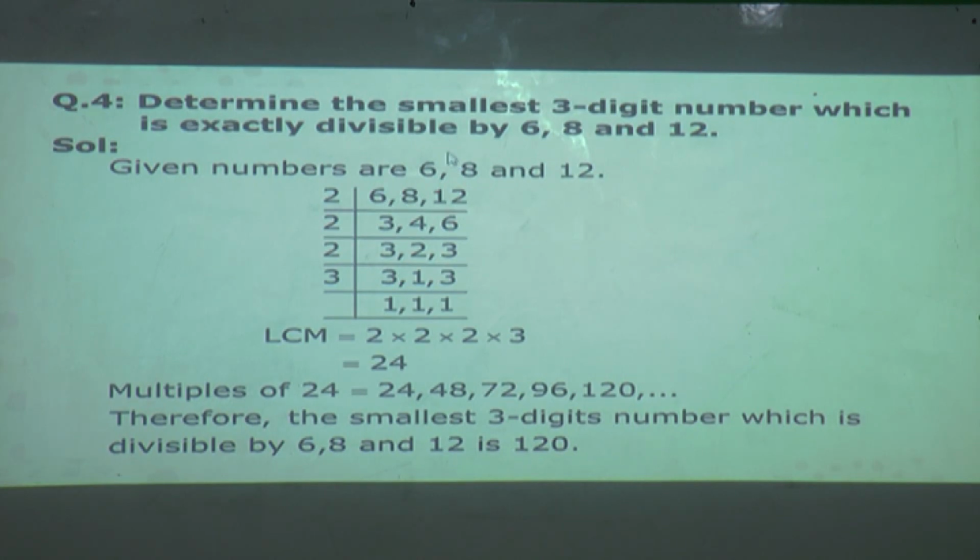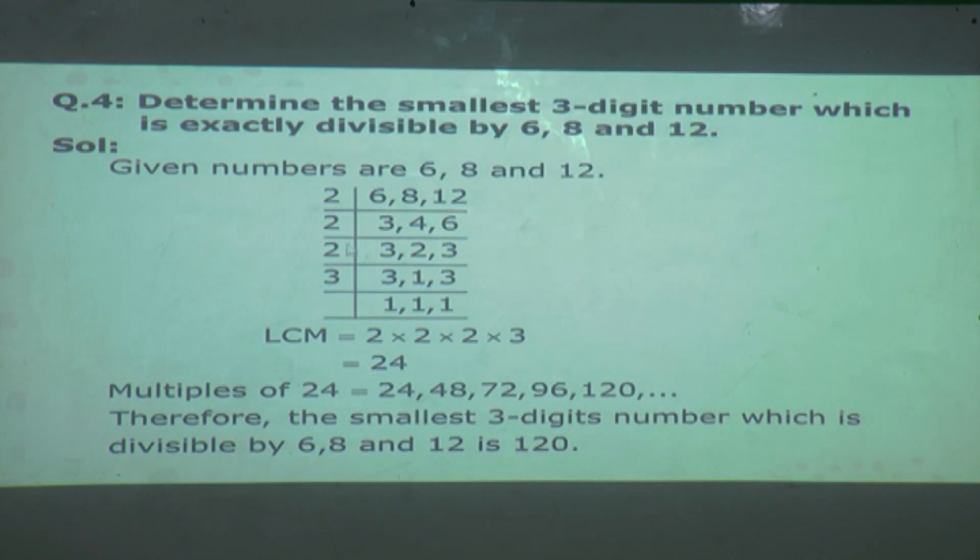It means we have to find the least number, so we are going to do LCM here. 6, 8, 12. 2 3s are 6, 2 4s are 8, 2 6s are 12. 3 we keep as it is. 2 2s are 4 and 2 3s are 6. Now again we will take 2, so 3 as it is, 2 1s are 2, again 3 as it is. Let us take 3, so 3 1s are 3 and 3 1s are 3. At last we got all 1s here.